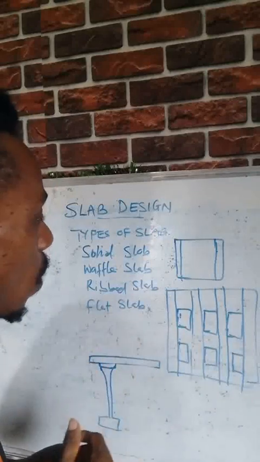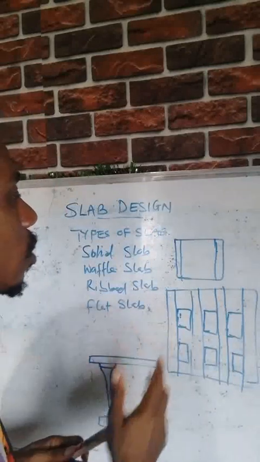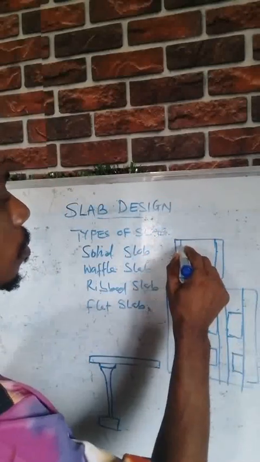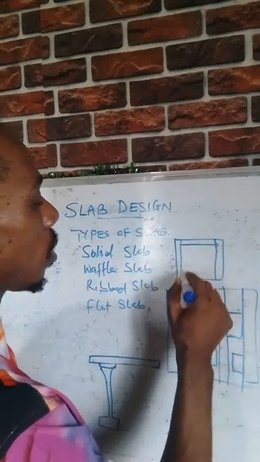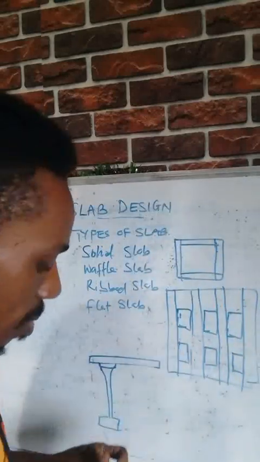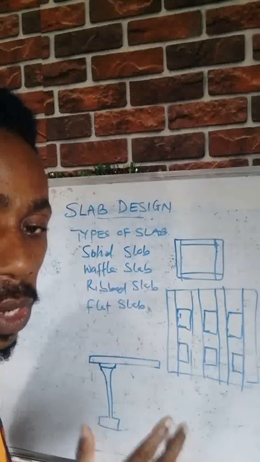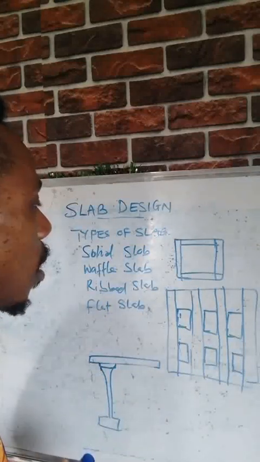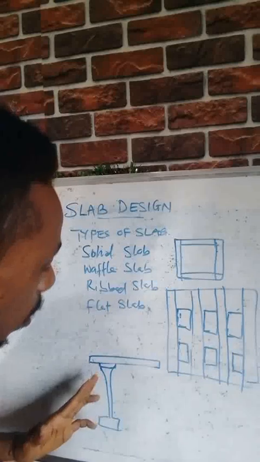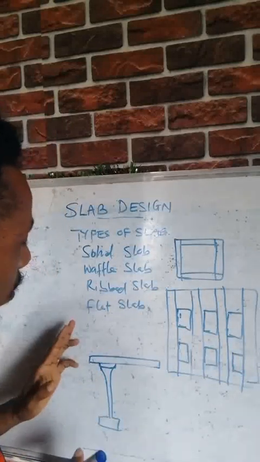If this is a one-way spanning slab, it is hinged to a beam. A two-way spanning slab is restrained at the four sides. Are you getting me? So that is for the flat slab.